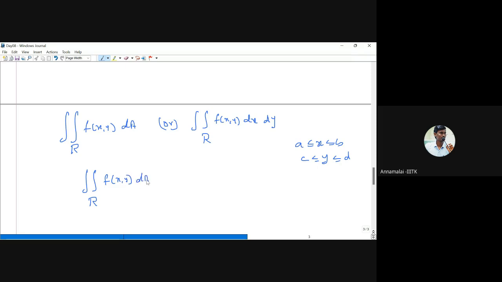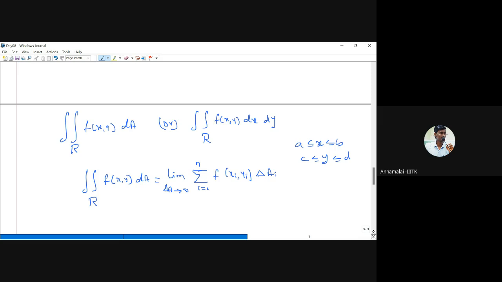So therefore, in the general case, we define the double integral over R of f of x comma y dA as the limit as delta A approaches 0 of the summation i equal to 1 to n of f of xi comma yi times delta Ai.